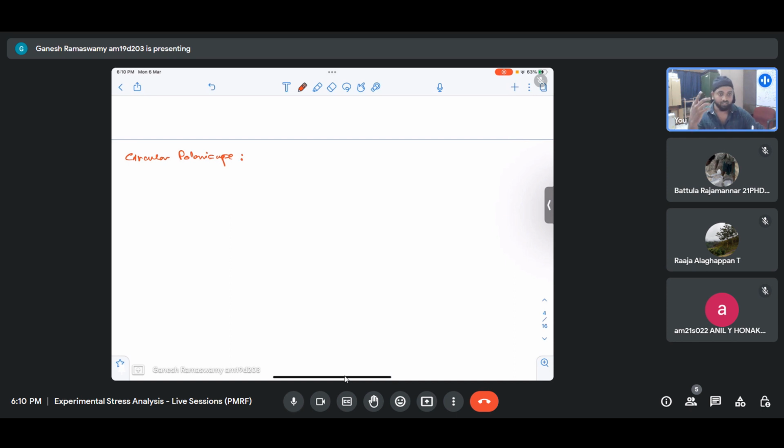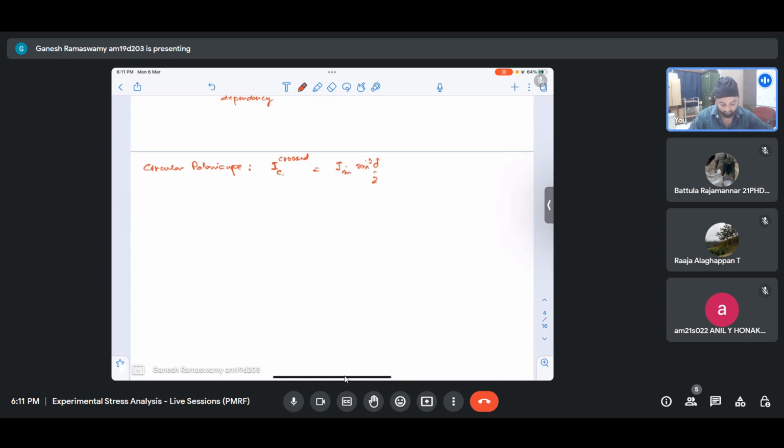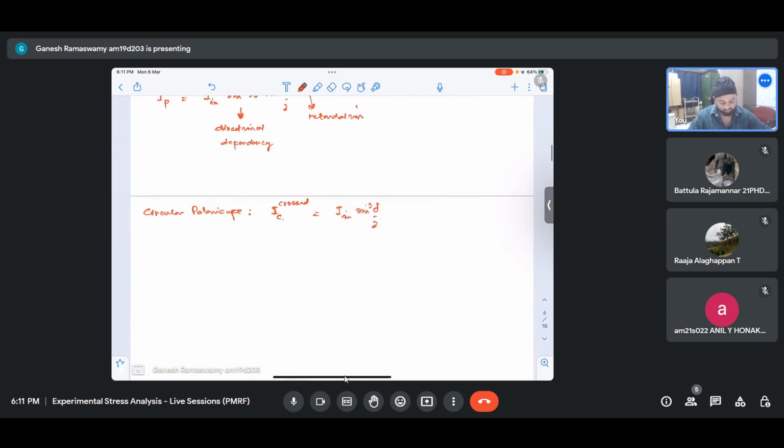So for a circular polariscope which is crossed, we see that our input light times sine square delta by 2 would be what we get if we multiply it out using Jones calculus. If we keep the polarizer at 90 degrees, we will keep the analyzer at 0 degrees.